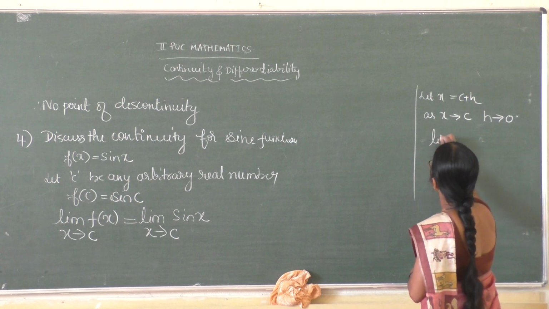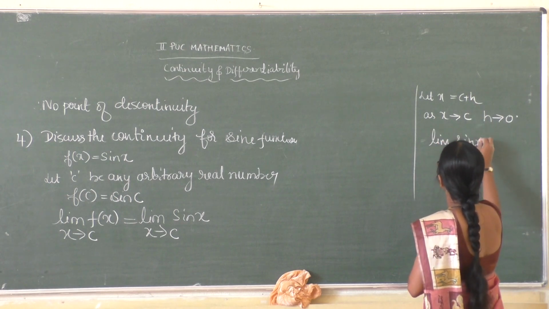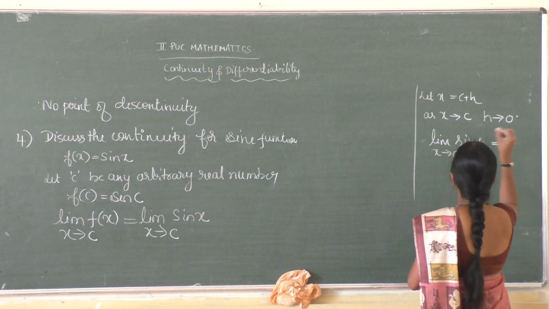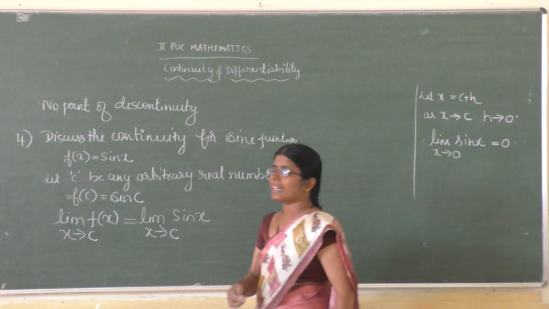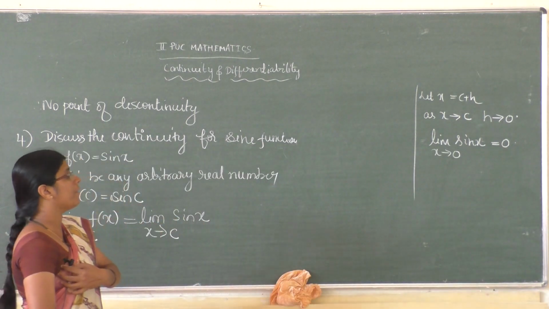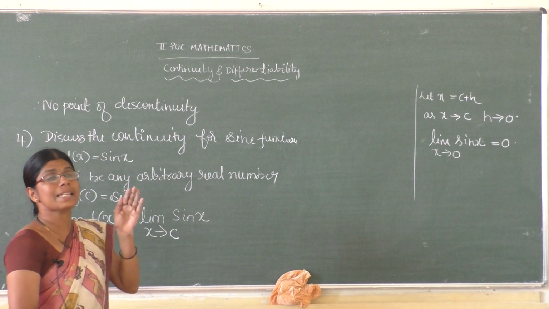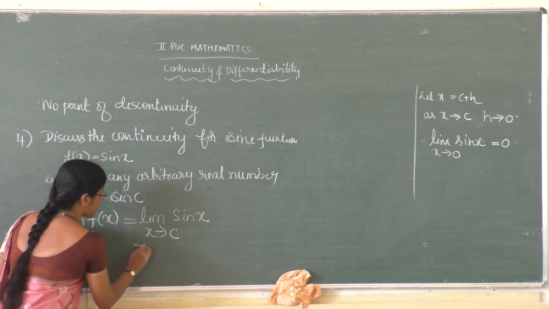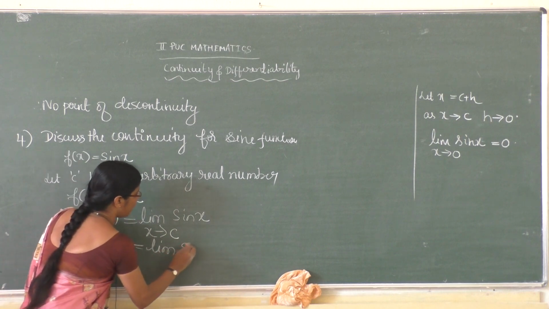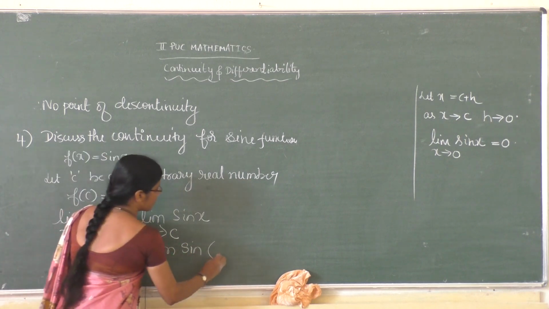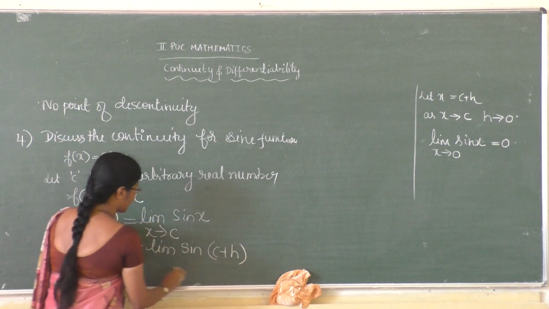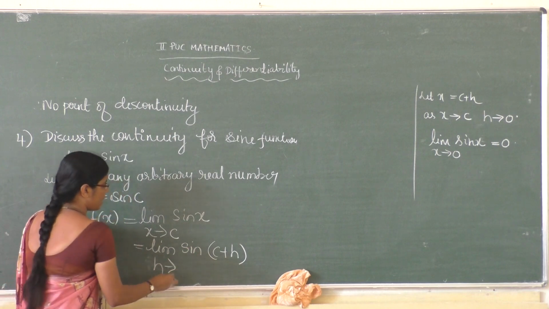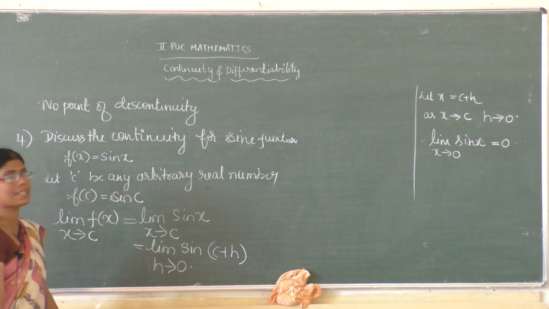And we know that the limit of sin x as x tends to 0 is always equal to 0. We can see this from the graph of sin x, correct? Whenever x approaches 0, sin x also approaches 0. So using this, it becomes the limit of sin(c plus h), because x is equal to c plus h, as h tends to 0.